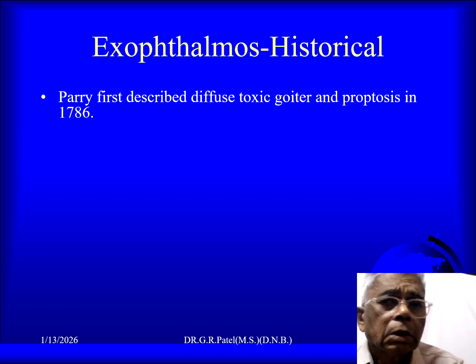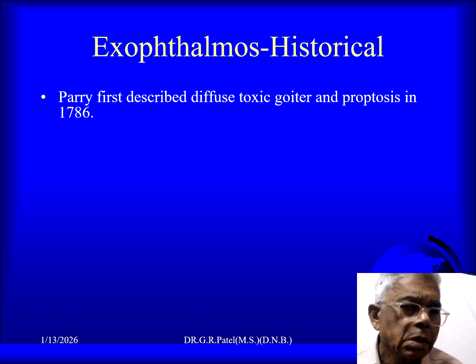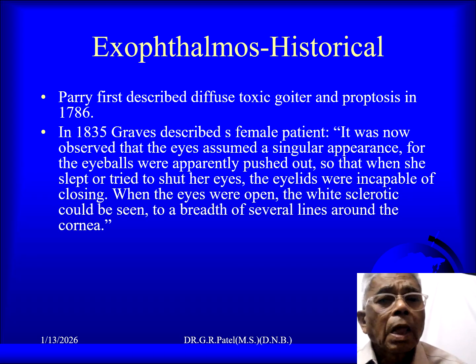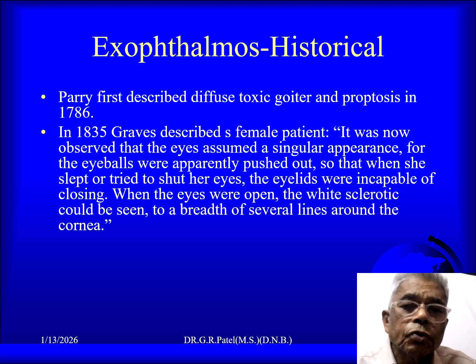Exophthalmos, historical. Parry first described diffuse toxic goiter and proptosis in 1786. In 1835, Graves described a female patient. It was now observed that the eyes assumed a singular appearance, for the eyeballs were apparently pushed out, so that when she slept or tried to shut her eyes, the eyelids were incapable of closing.